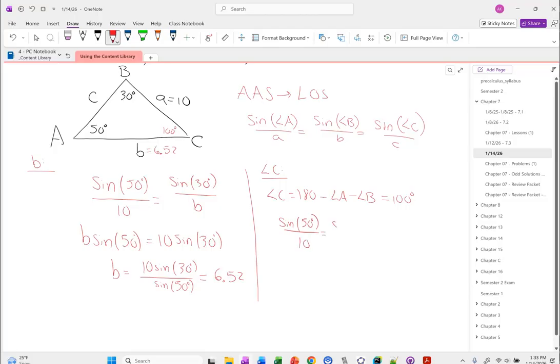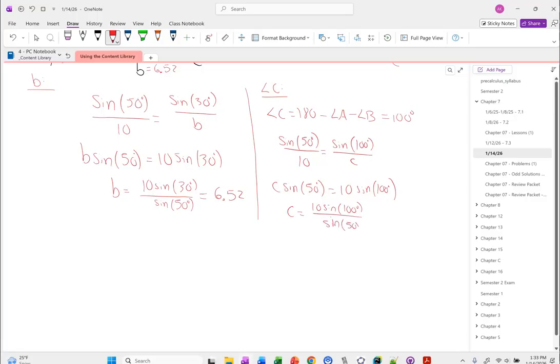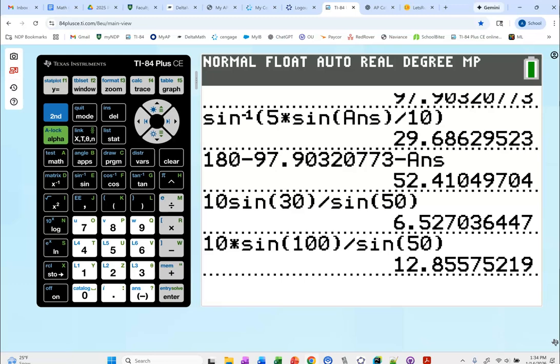Sine A over A equals sine C over C. And then I cross multiply and divide, the same algebra. And I get 12.86.